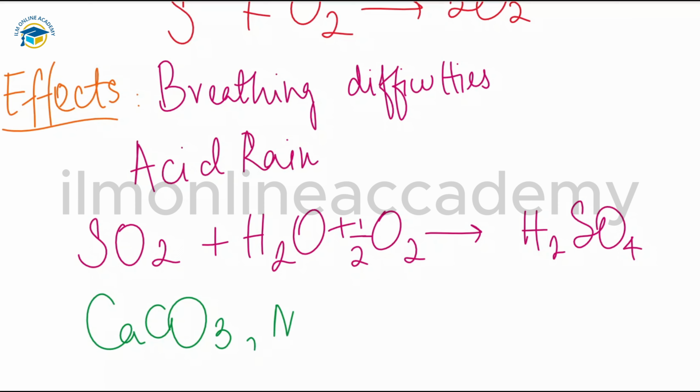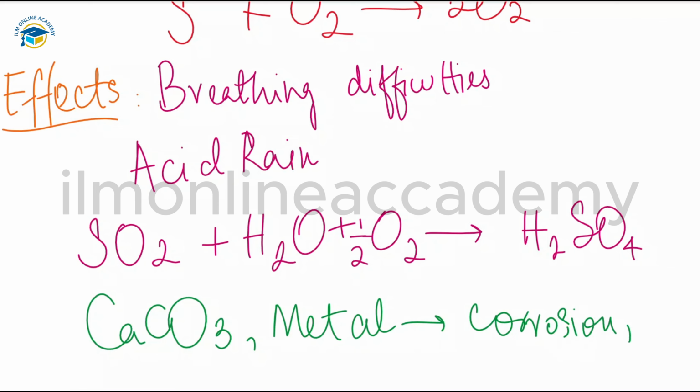So what will happen? This acid rain will cause corrosion and damage to these buildings. Some building materials react with the acid rain, and over time this leads to increased rates of damage and corrosion.